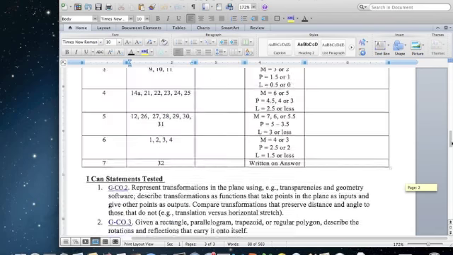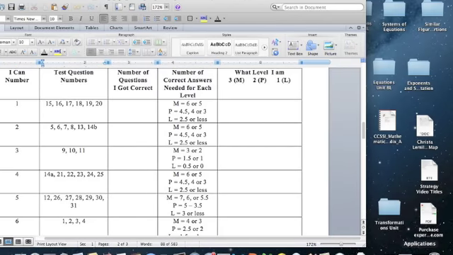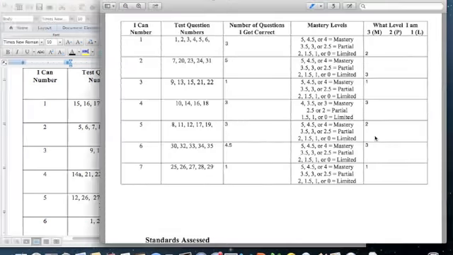So if I've gone back in on my other assessment here, and I have put in just some samples of what a student could get. A student could show partial mastery of the first I can, full mastery of the second, very limited mastery on the third skill standard, and then mastery again on the fourth, partial mastery on the fifth.